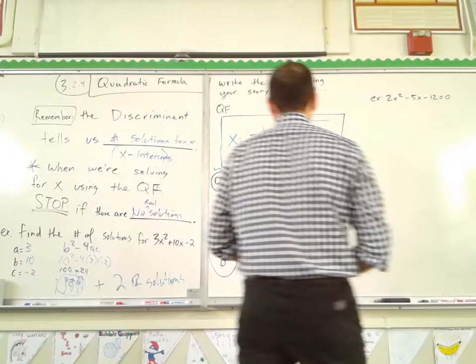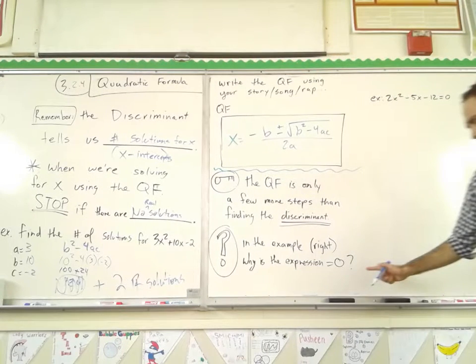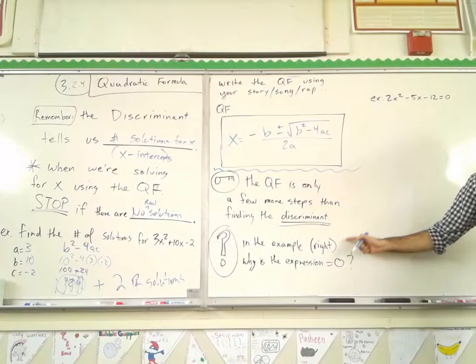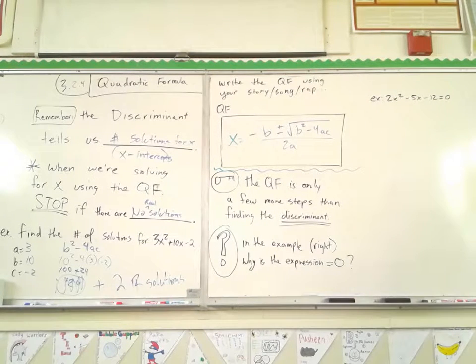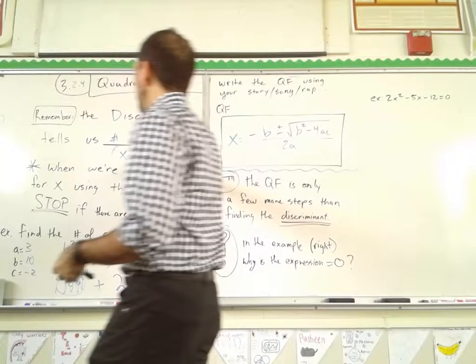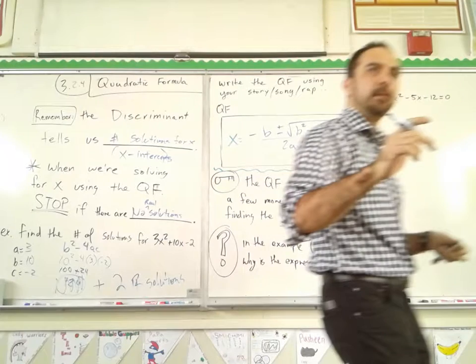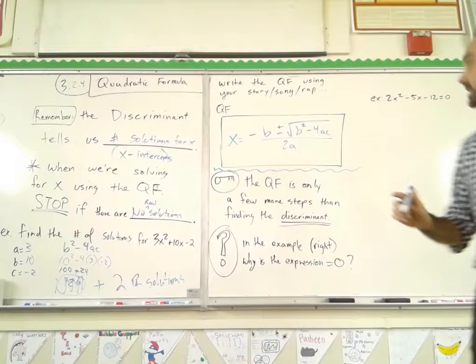Here's my question. Okay, an example over here to the right, which I hope they can see on the other camera. Why do we make it equal to 0? Think about what we're actually looking for when we are looking for our x solutions. Why do we make it equal to 0? Because we're looking for the x-intercept. Right, and this used to be f of x, right? So we're saying when the y value is equal to 0.